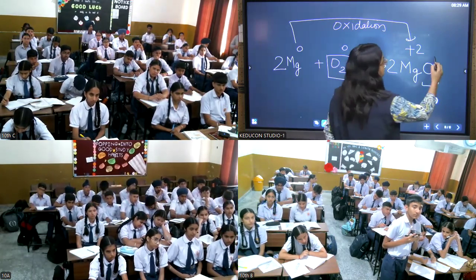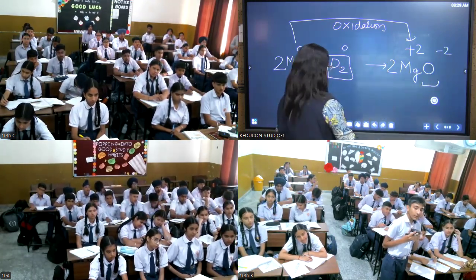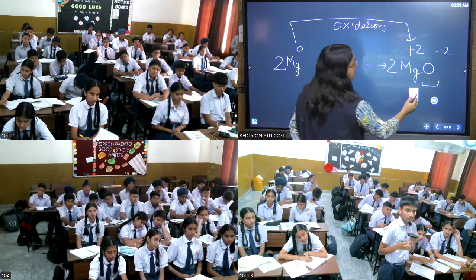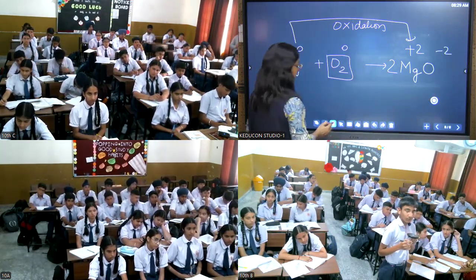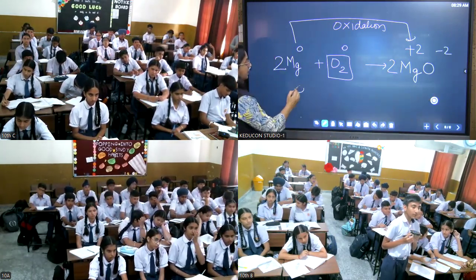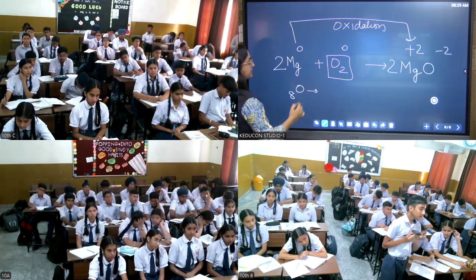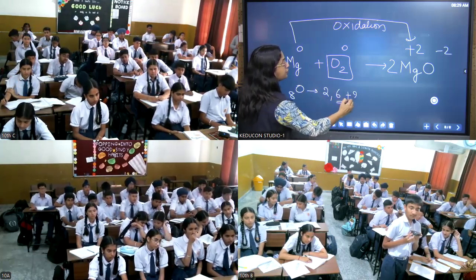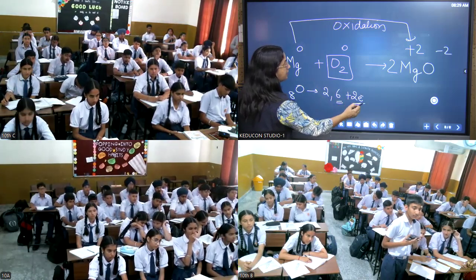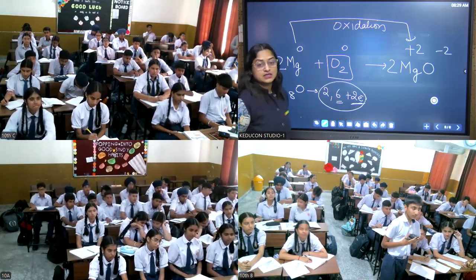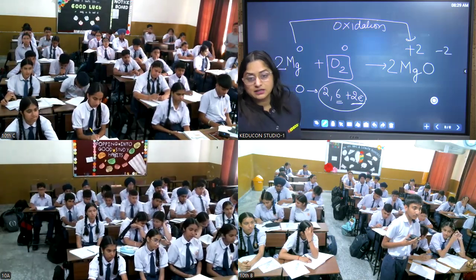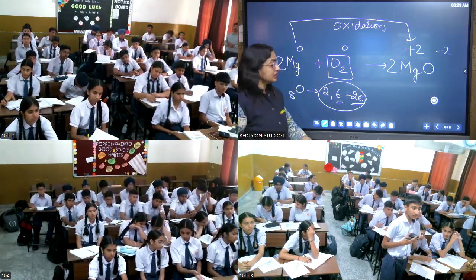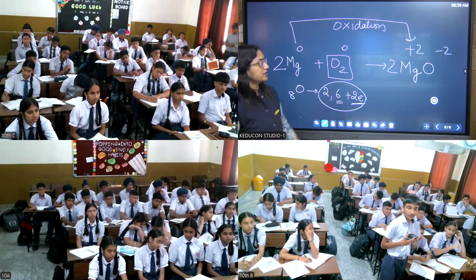And how is it possible? Because atomic number of oxygen is 8. So configuration is 2,6. It needs 2 electrons so that it could have 8 electrons in its last shell, which makes it stable. So it tends to gain 2 electrons.